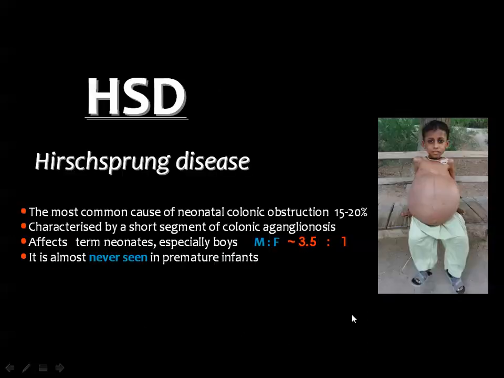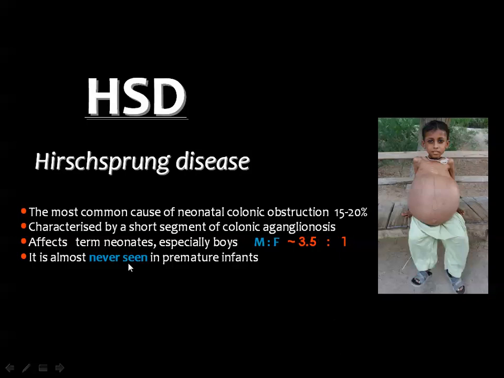Hirschsprung disease is the most common cause of neonatal colonic obstruction, representing about 15 to 20% of cases. There is a segment of aganglionosis, and this segment is usually located in the rectosigmoid junction, and males are somewhat more commonly affected than females.